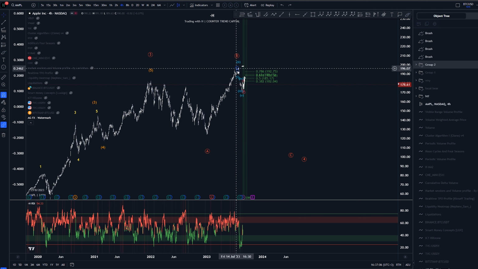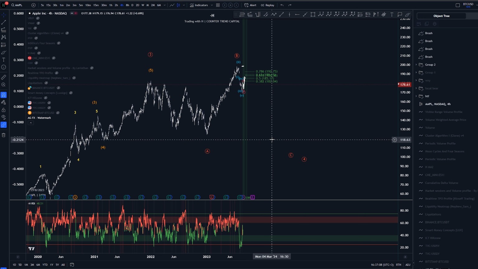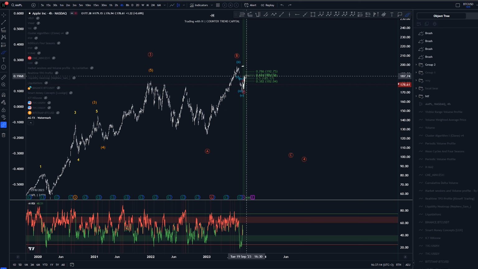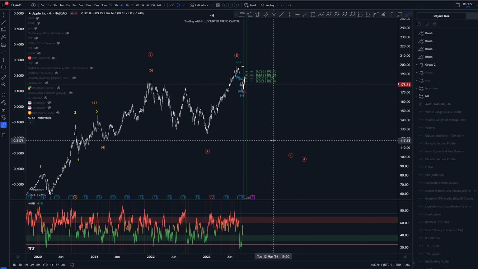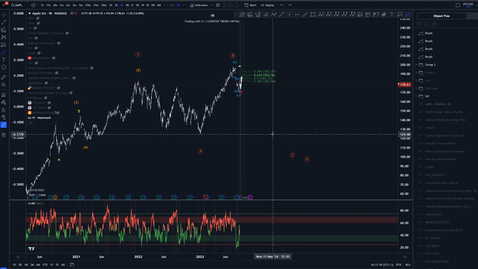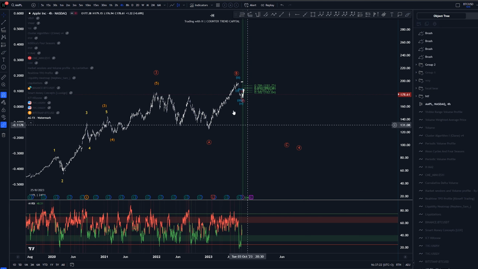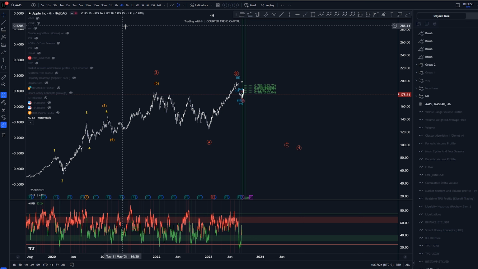So if we get this 5-wave move, I'd be very much interested in looking for long opportunities somewhere down here. Again, there's a lot of ifs and structures to be built here before that happens, but that is some of the targets that I currently have. But those are the ideas for Apple at this point.